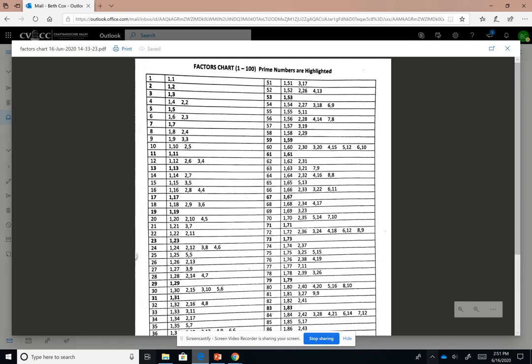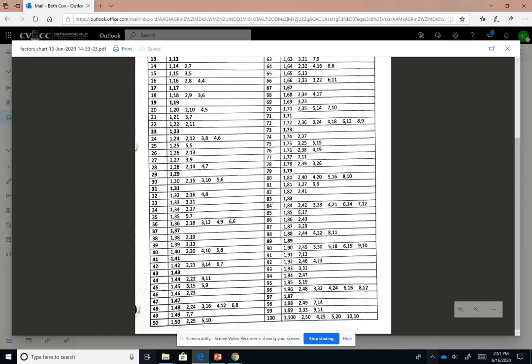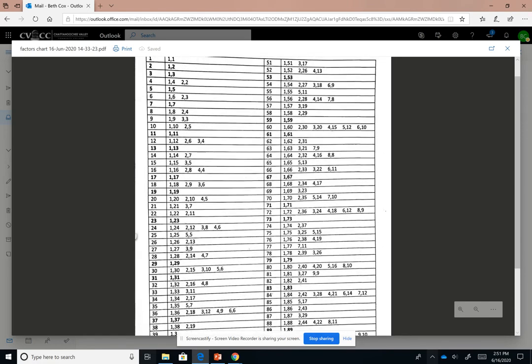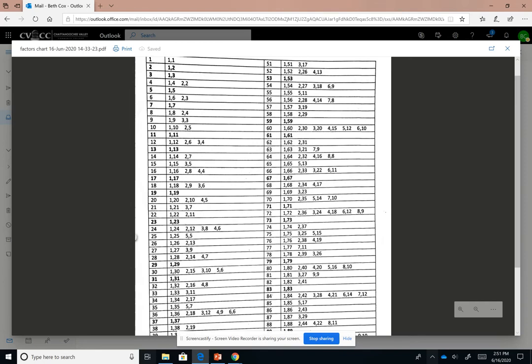Now I need 2 numbers that multiply to give me 16. So now look down the column and you'll find 16 is 1 times 16, 2 times 8, and 4 times 4. They're right there. And this factors chart goes all the way to 100, right? But we're just looking at the 16 right now because that was the number we needed.